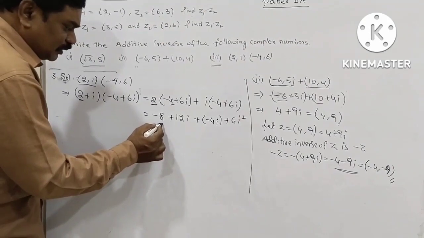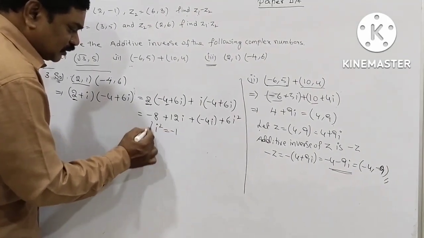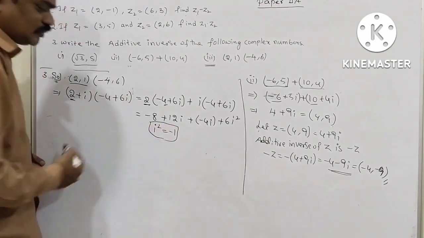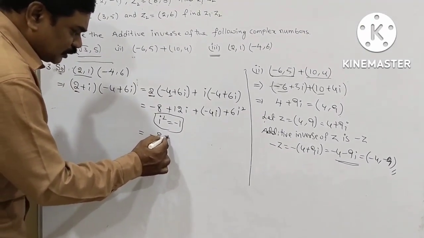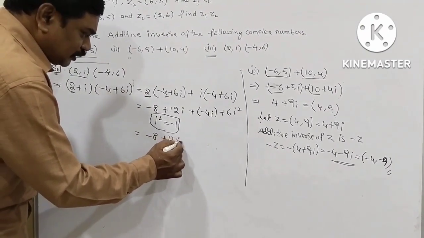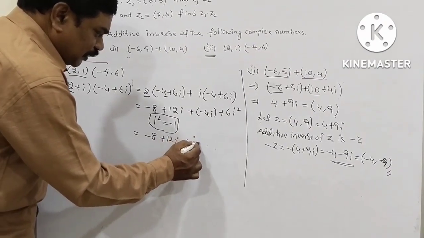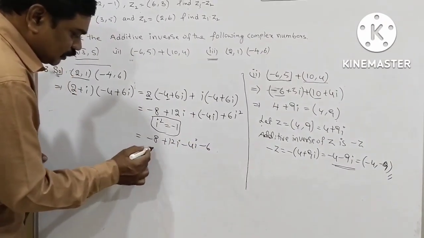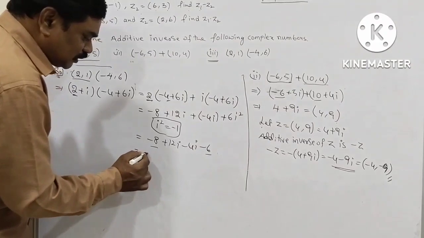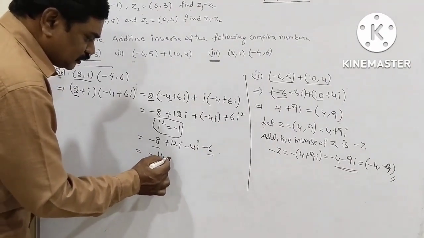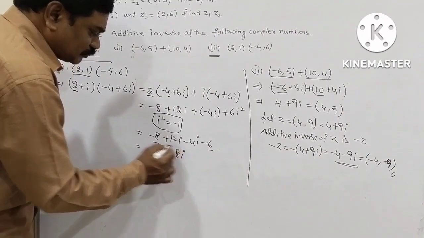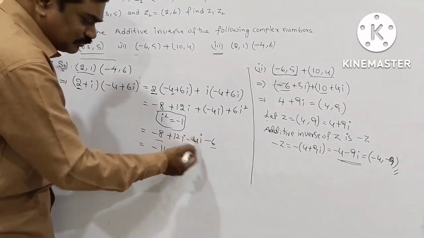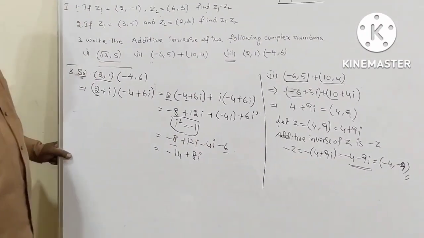But we know that i square is equal to minus 1. So this is minus 8 plus 12i minus 4i minus 6. Minus 8 minus 6, how much? Minus 14. 12i minus 4i, how much? 8i.